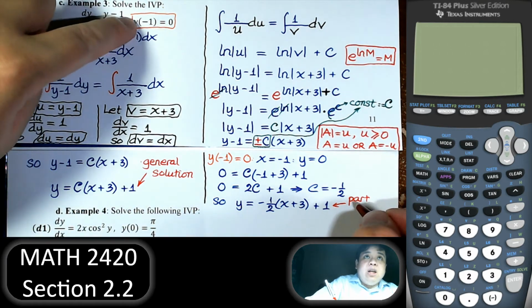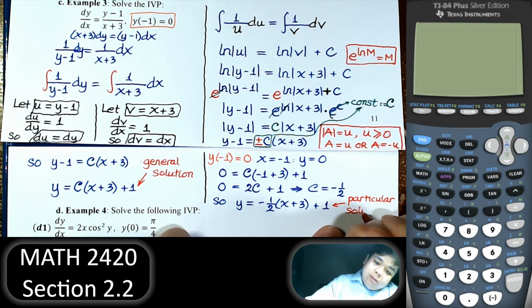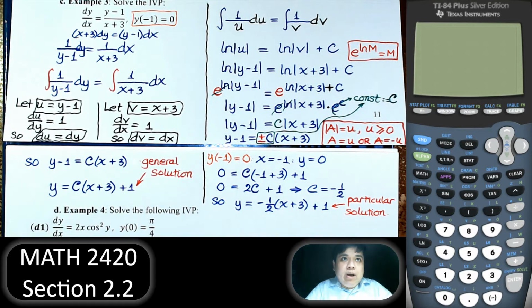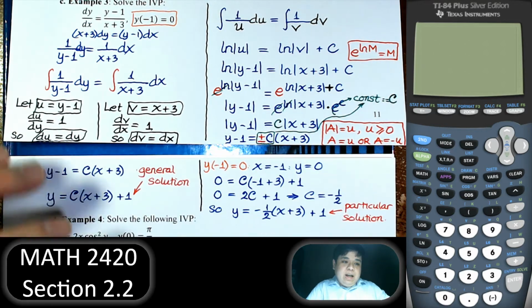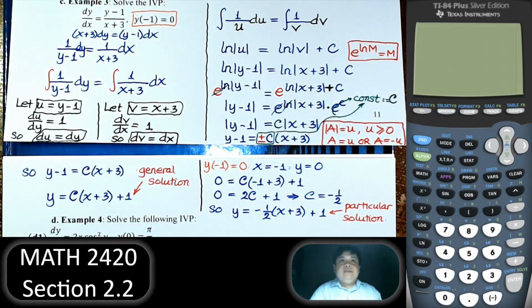With the initial condition, we have this particular solution. So that's what we have. Once again, we start here and continue on the next page. So it's not that bad, right?